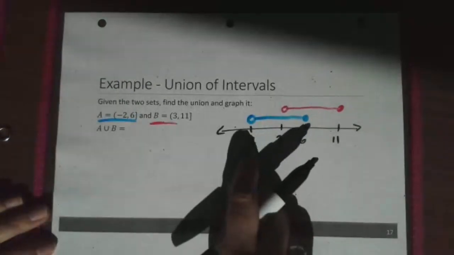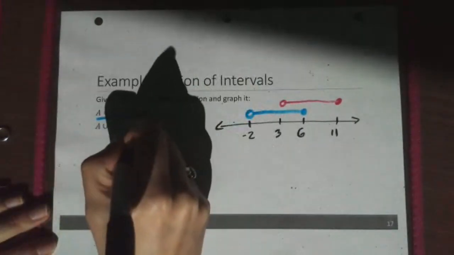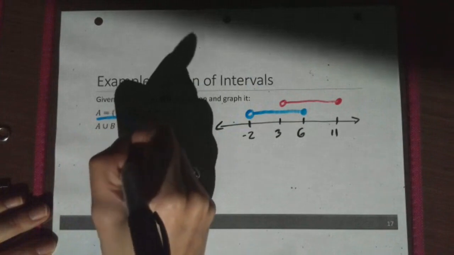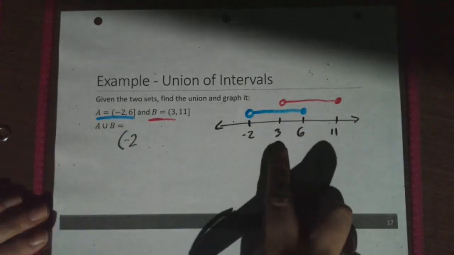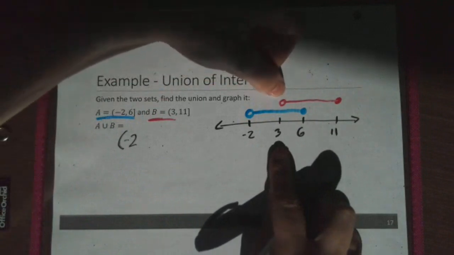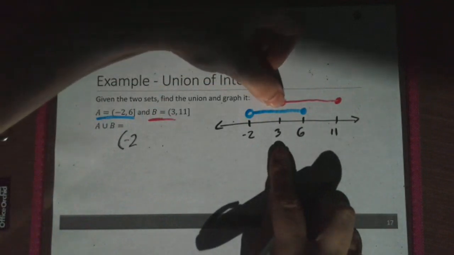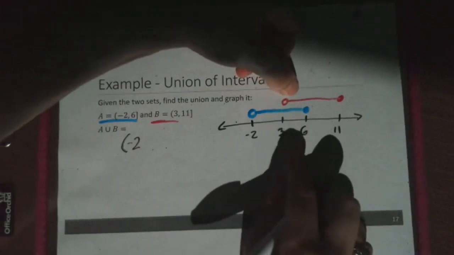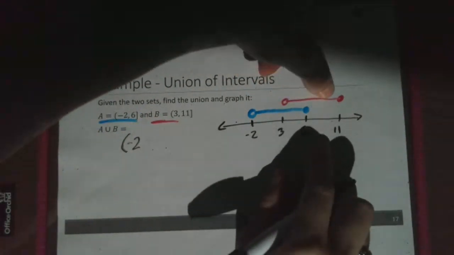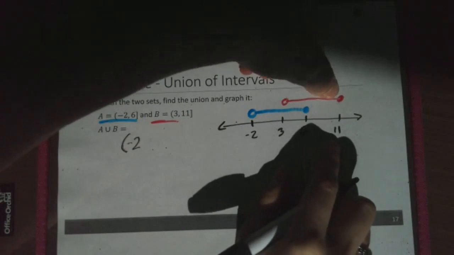So that starts at -2 with an open circle, which would be parentheses. And I'm in blue, I'm in blue, I'm in blue. At 3, I have an open circle in red, but we're still in blue because we have the line through there. So we're okay. We're in both, that's okay. We're in red. We stop being in red after 11.